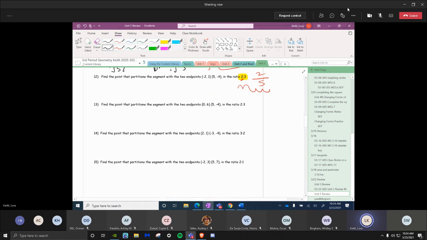So let me go ahead and write down that formula again. So point P, our point of partition, is going to be x1 plus a over a plus b times x2 minus x1. And then it's going to be y1 plus our fraction times y2 minus y1. So always use this formula.